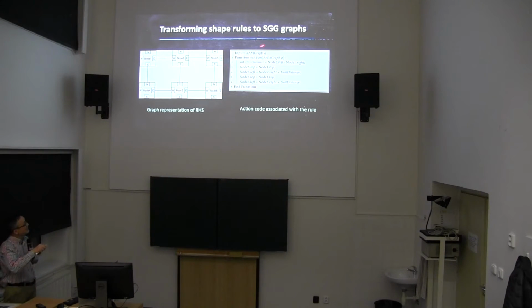And this part is simply just the program, which we call action code. That means when this rule is being parsed, this program will also be executed. That's why we say the semantics is also related to the parsing, okay?